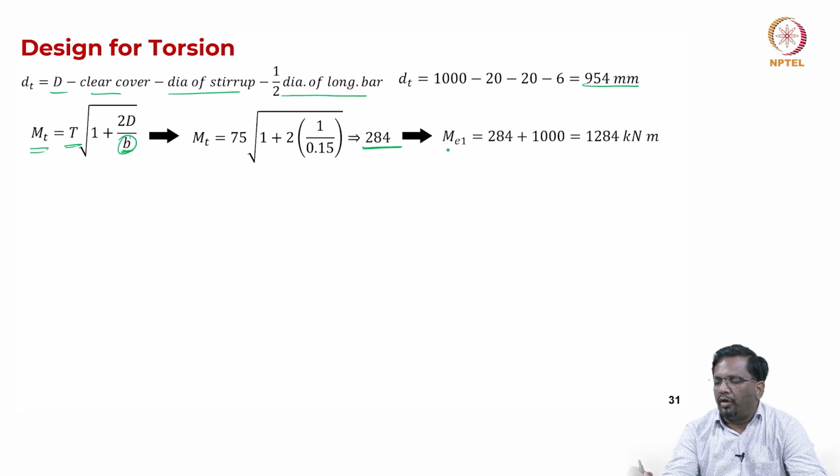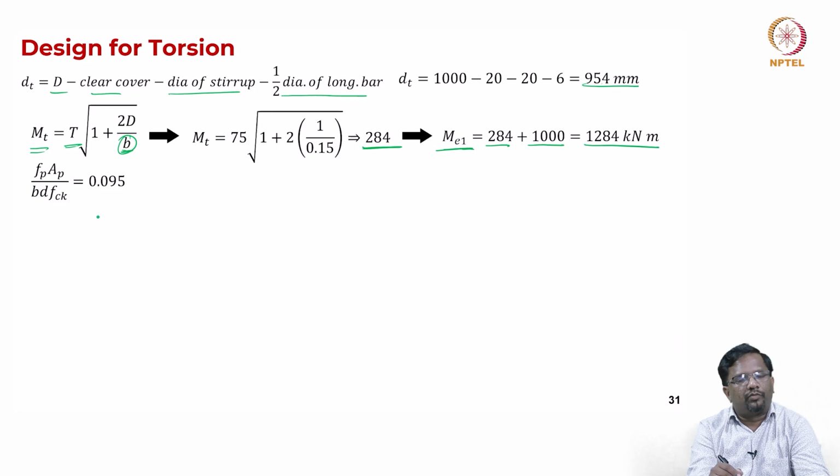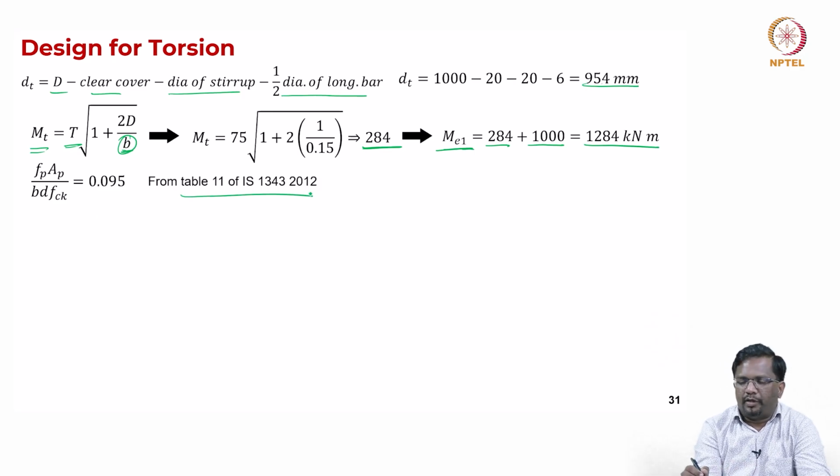So, the total bending moment that I need to design for is 284 plus 1000, which is given, which is 1284 kilonewton meter. Now, you can use the approximate method that is given in Table 11, and for that let us select 0.095.